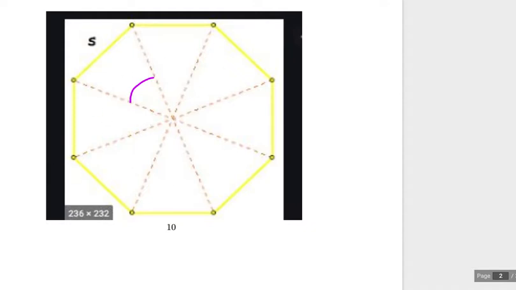So I'm going to use the equation that the area will be equal to base times height divided by 2, which would be the area of one of those triangles. But since I want 8 of them, I want to times that by 8. So I'm going to do 8 times base times height divided by 2.